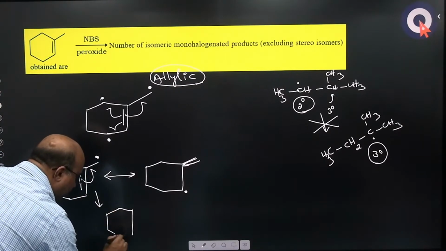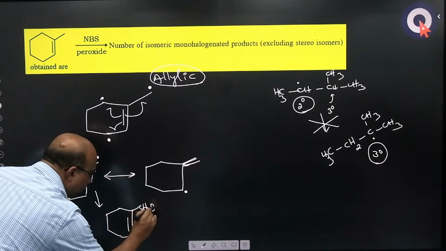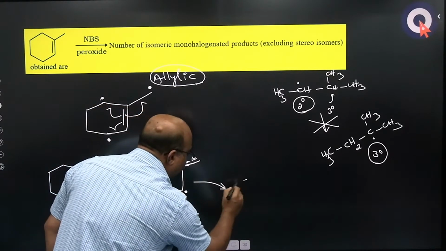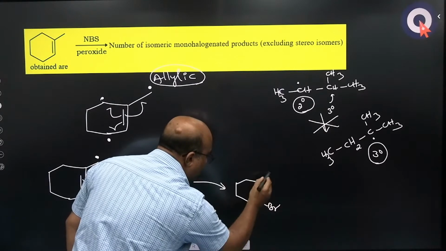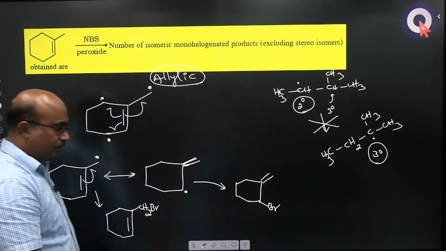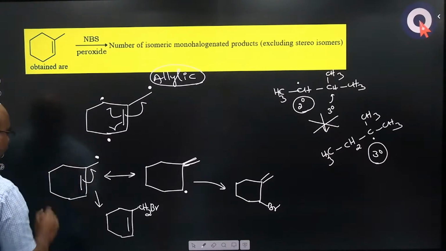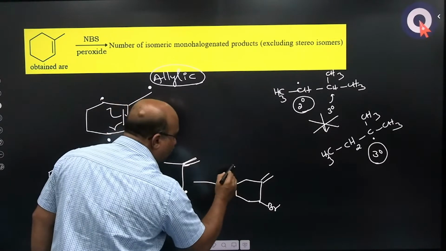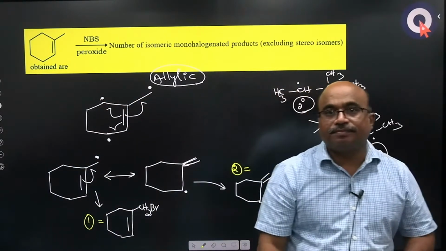Means you can get this compound, the bromination product, with the double bond here. So let us say this is compound 1, and let us say this is compound 2. We compare later whether the compounds are the same or different.